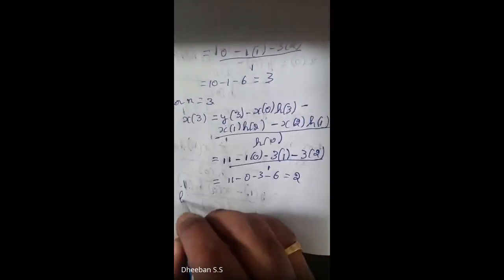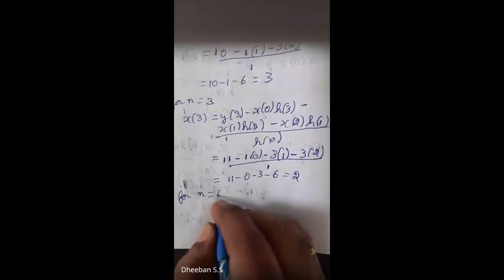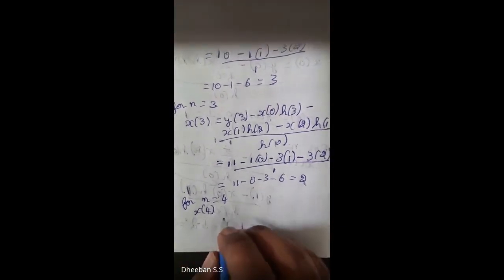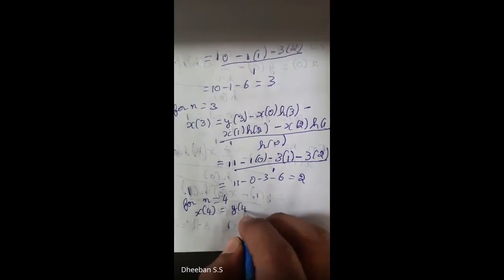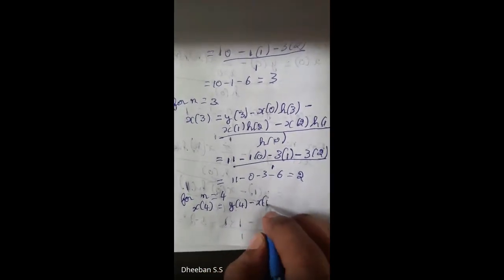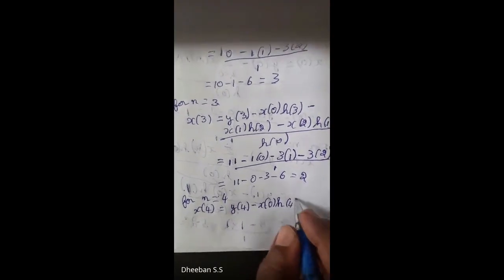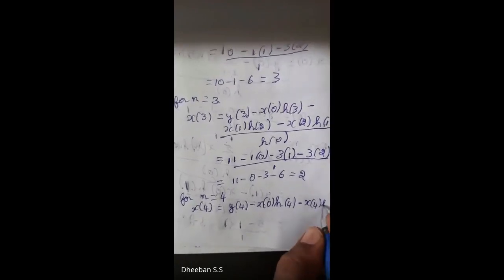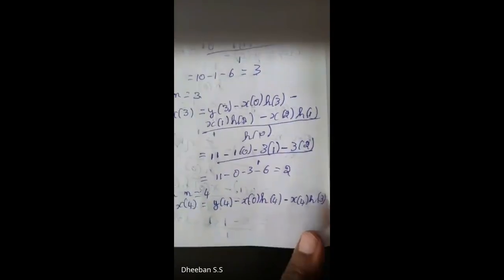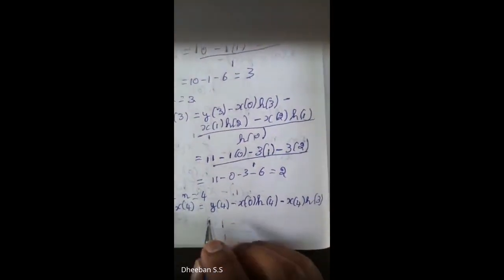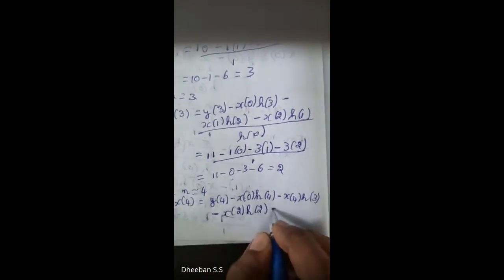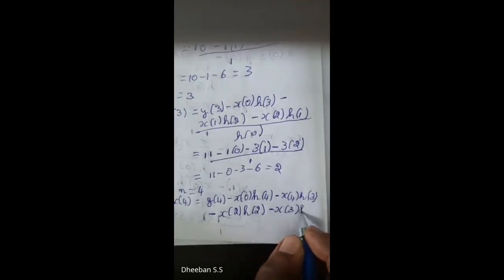Now for the final, for n equal to 4, x of 4 equal to y of 4 minus x of 0 h of 4 minus x of 1 h of 3 minus x of 2 h of 2 minus x of 3 h of 1.